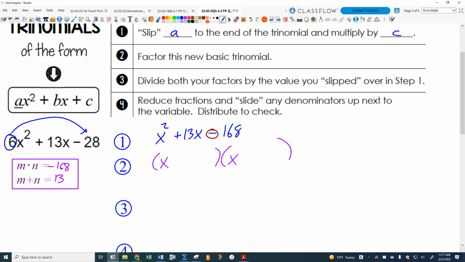Which one's bigger, the positive or the negative? The positive is, good. So that's telling me that the signs are going to be plus and minus. I've got opposite sign numbers. When you have opposite sign numbers, which only happens when c is negative, then you can take a different approach that I think is easier. How much bigger is the positive number than the negative number?